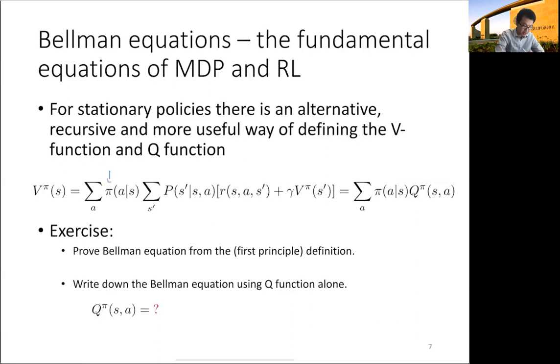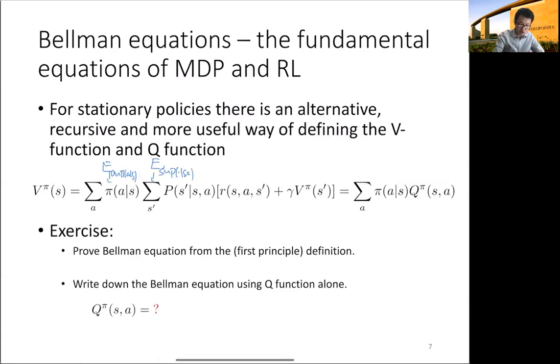This is taking expectation over A drawn from pi of A given S, and this summation is taking the expectation over the system transition S prime drawn from P of S, A.